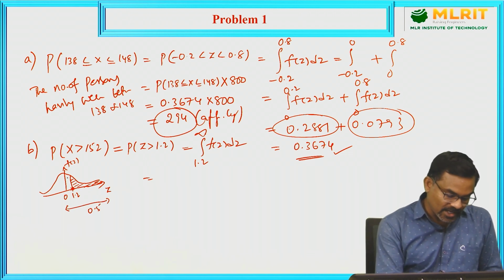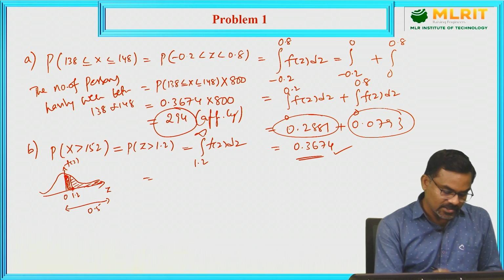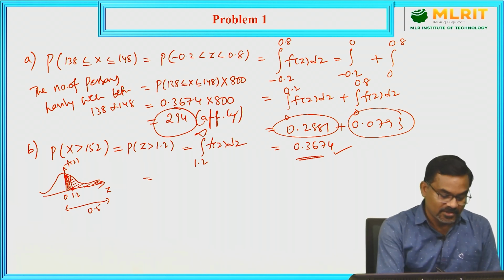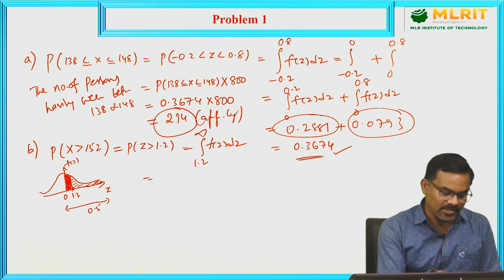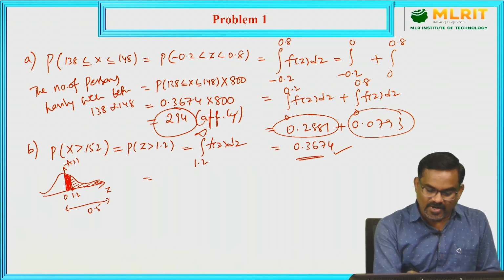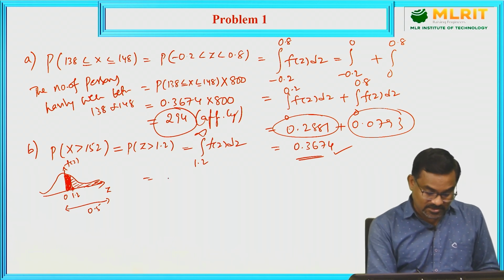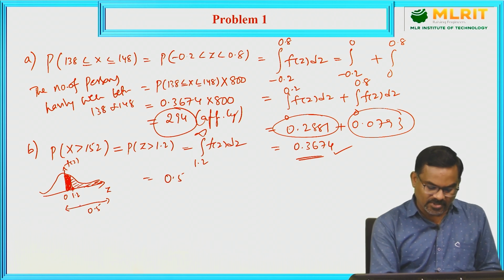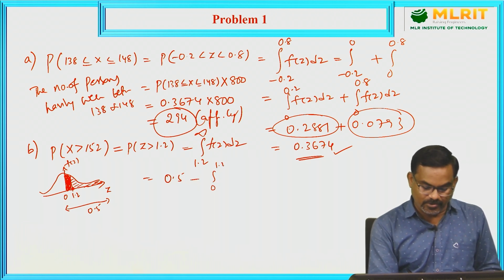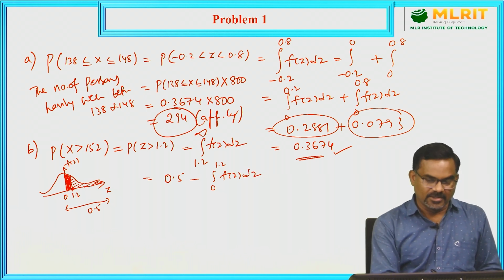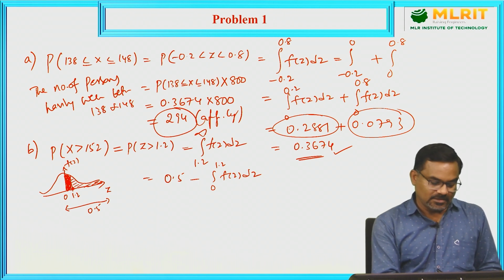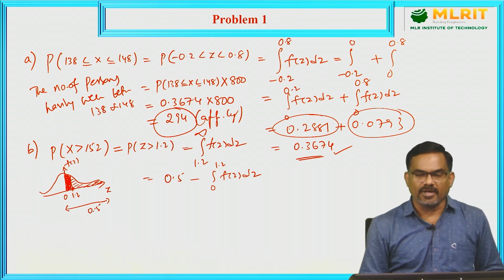So our final answer is 0.5 from the total. If you subtract the area from 0 to 1.2, you will get the area from 1.2 to infinity. So, to find this region, let us subtract this shaded region from 0.5.